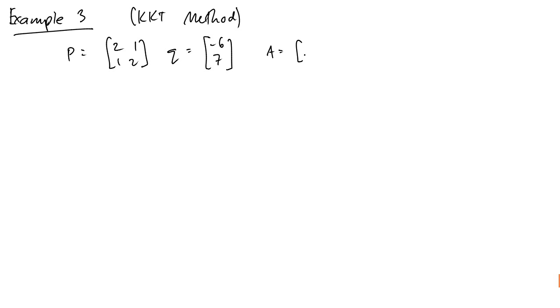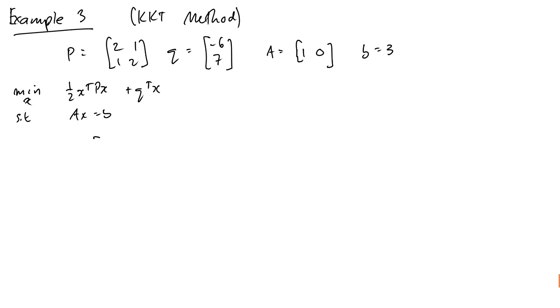And we've got a single equality constraint, Ax equals b equals 3. So remember, we're doing minimize half x transpose Px plus q transpose x subject to Ax equals b.